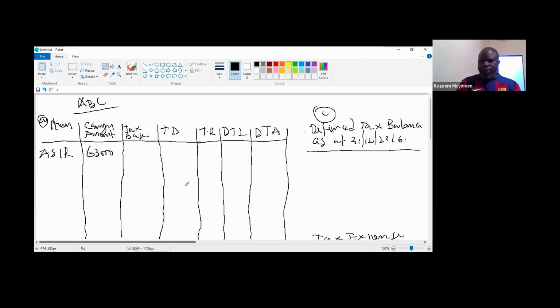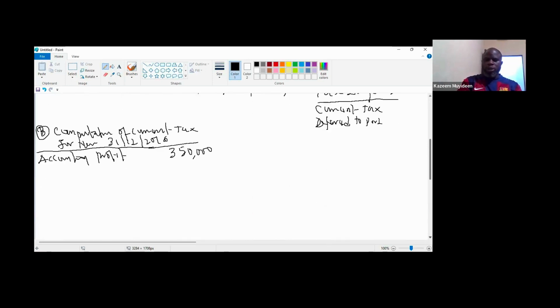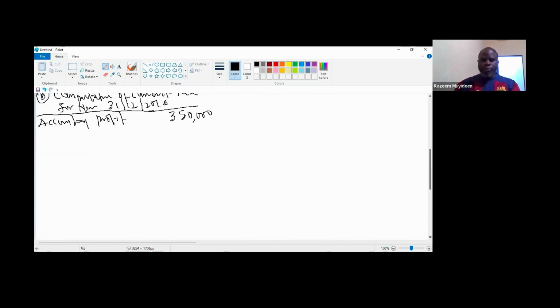Let me show the working down here. For the workings: assets subject to investment relief. Under it, they said note 1, asset cost 70,000.